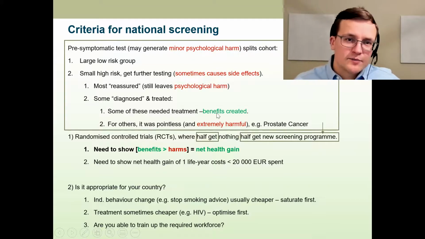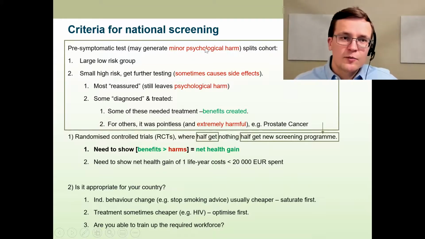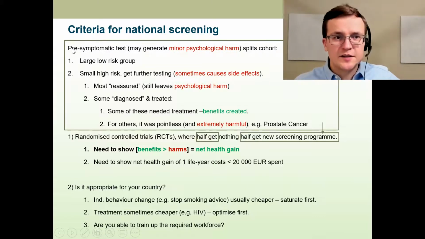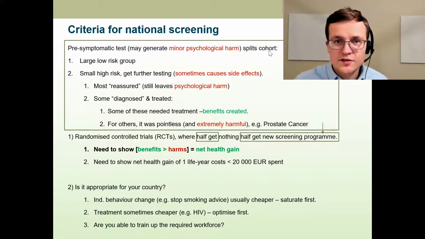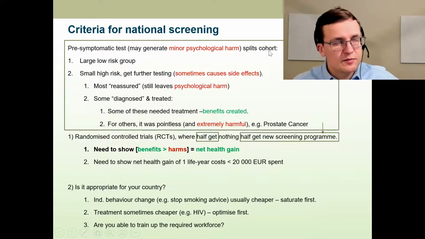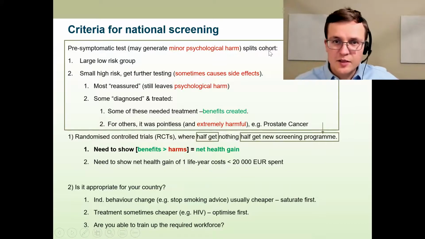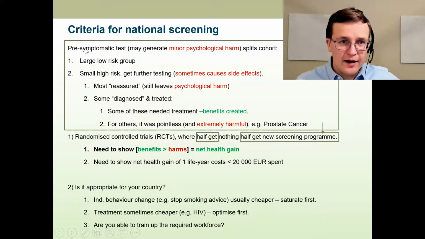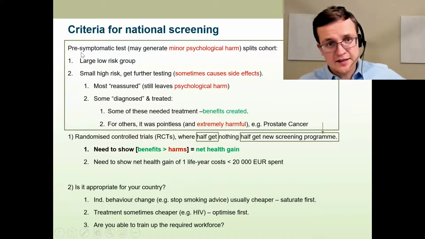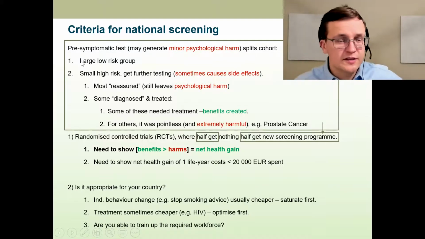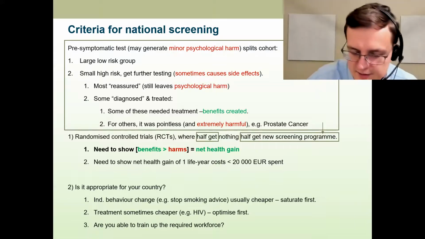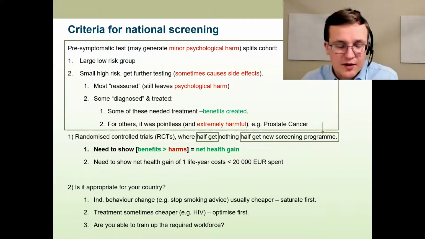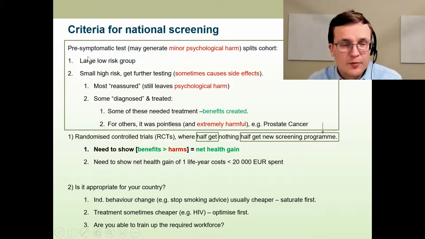And if you break it down, this is how it usually works in most screening programs: everybody in the screening arm gets invited to a pre-symptomatic test, which is quite simple and straightforward. It might create a bit of stress and anxiety for some people. After that, most people who have had the test will walk away quite reassured, which is nice, maybe with a bit of residual lingering anxiety in case they just got alarmed about something they read about, but nothing major.